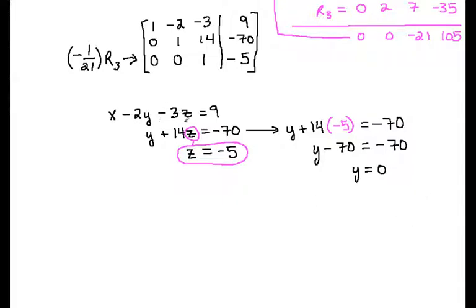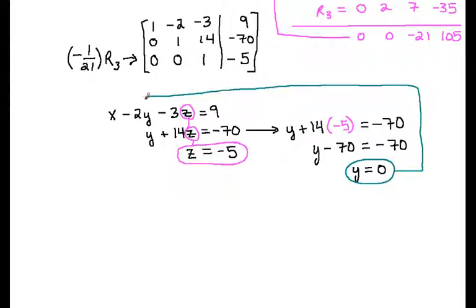In our next step we take that same value of z all the way to the top, and we take the value of y that we just computed also into the top equation. And this should give us an equation that is only in the variable x. So x minus 2 times 0 minus 3 times negative 5 equals 9.